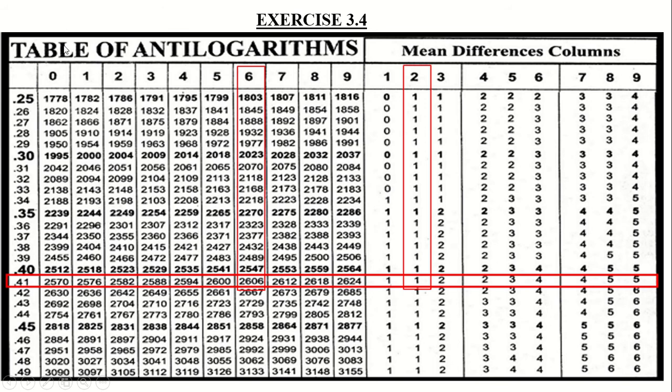Table of antilogarithms contains decimal point values. All these are decimal point values. So in 0.41, first in the column of 6 it is 2606, and then in the column of 2 it is 1.